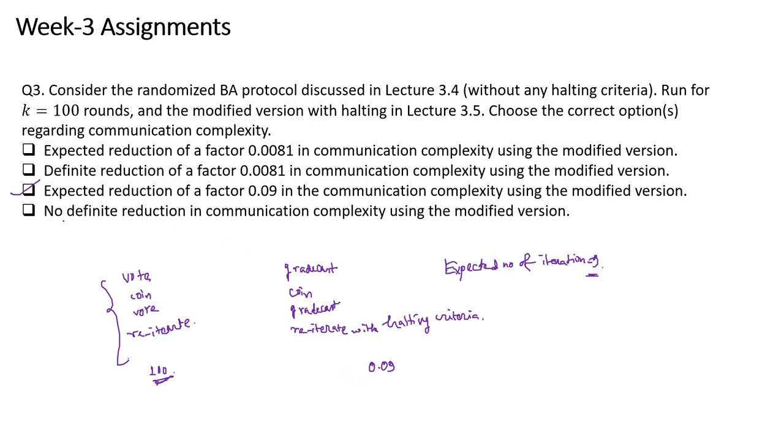So this is correct. And no definite reduction in communication complexity using the modified version is also true, because 9 is the expected number of iterations, but it may be the case that for a particular instance the protocol goes on and on, so you cannot comment on definite reduction, it's just expected reduction. So the last statement is also true.